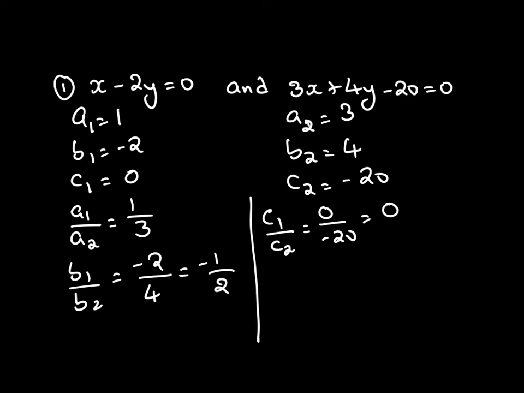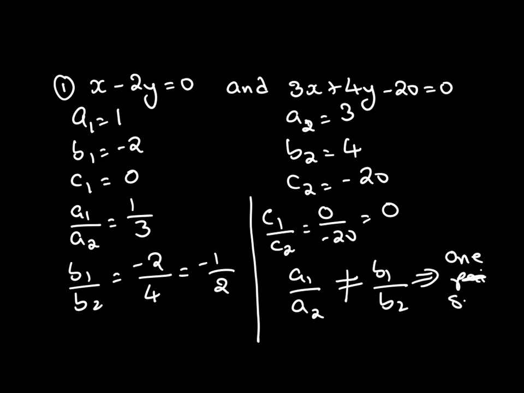Do you observe that a1 over a2 is not equal to b1 over b2? So how many solutions will this pair of linear equations have? It will have only one solution. That means the lines will intersect at only one point. So it is a consistent pair of linear equations.